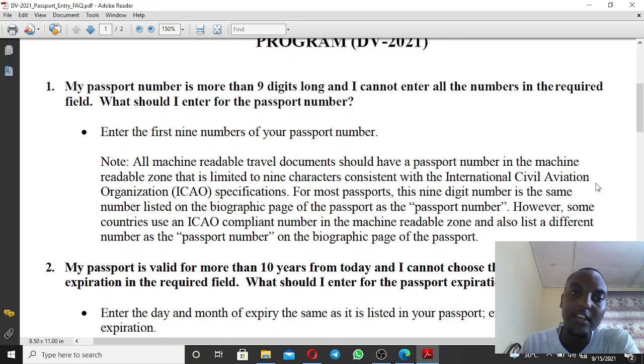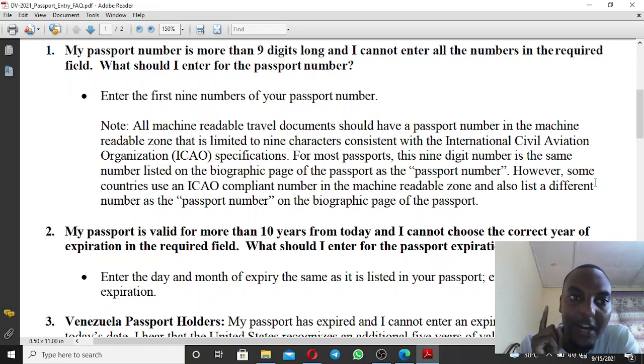But there are things you should note: all machine readable travel documents should have a passport number in the machine readable zone that is limited to 9 characters, consistent with the International Civil Aviation Organization specification. For most passports, the nine numbers are the same numbers listed in the biographic page of your passport as the passport number.